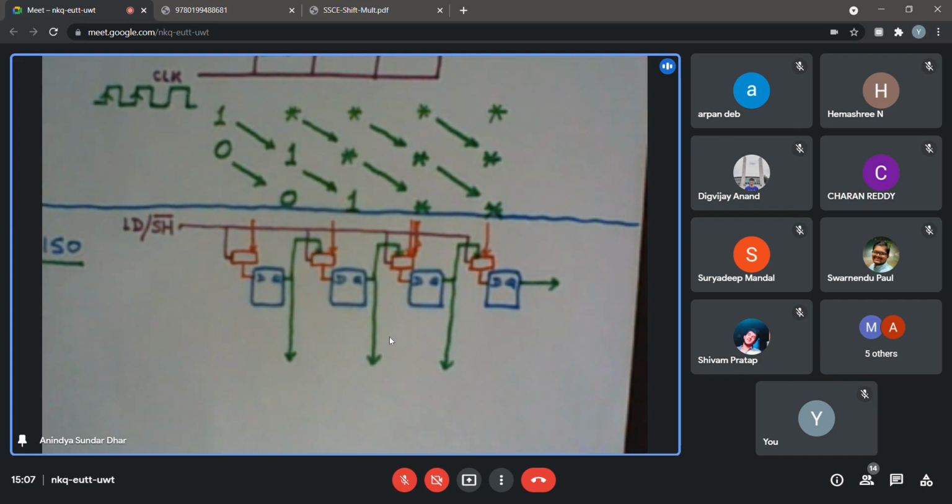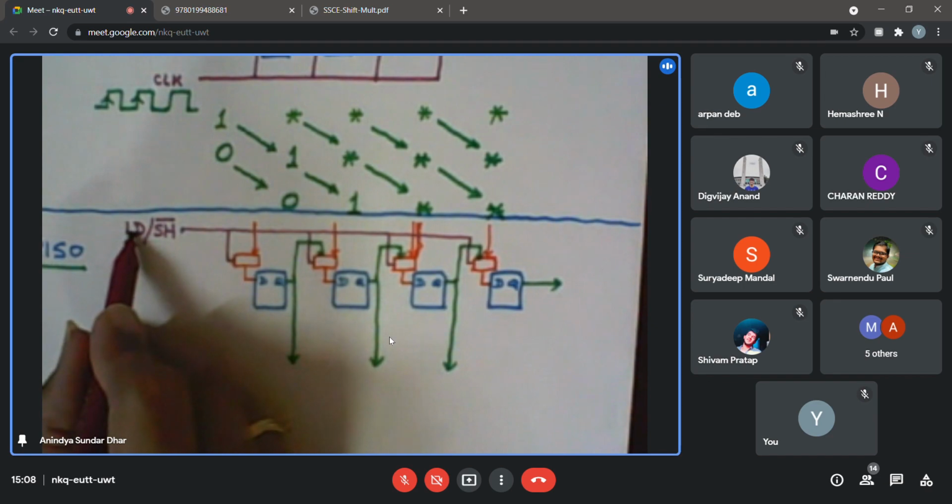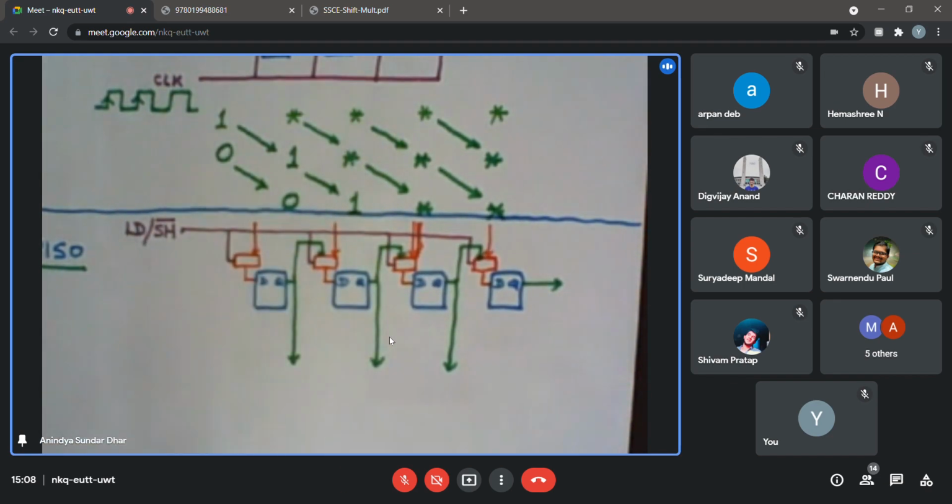So what does it indicate? If I make it high... I was actually asking about this notation: if there are two options, suppose here I have written load and shift and put a bar over one of them, then one is active-high and the other is active-low.